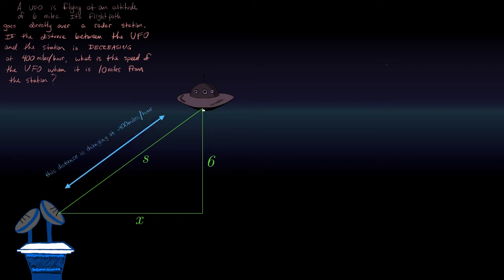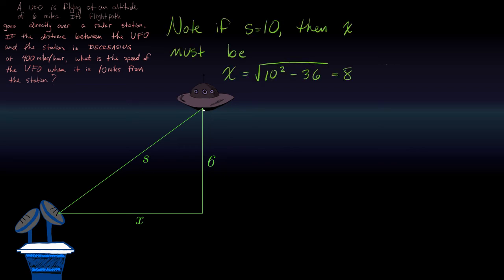So remember that the distance S is changing at negative 400 miles per hour. So that's going to actually be our ds dt, the rate of change of S. So we can try to solve a little bit here. We do know that if S is 10, the distance between the UFO and the station is 10, X must be 8 if we use the Pythagorean theorem.